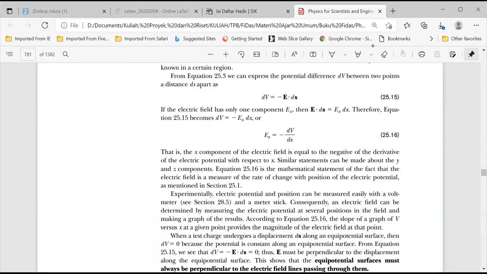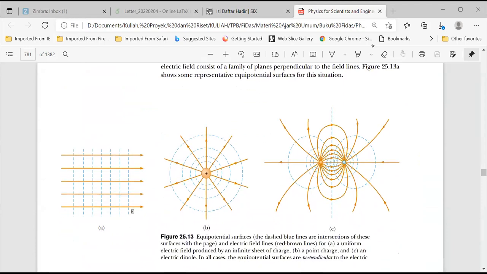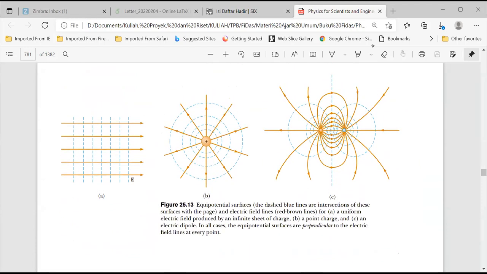So this is basically the same as above. A is a uniform electric field, where A is a constant. While B is the electric field from a positive point charge, and C is a dipole. So you see that the uniform electric field has this area, this blue area, which means the equipotential surface.